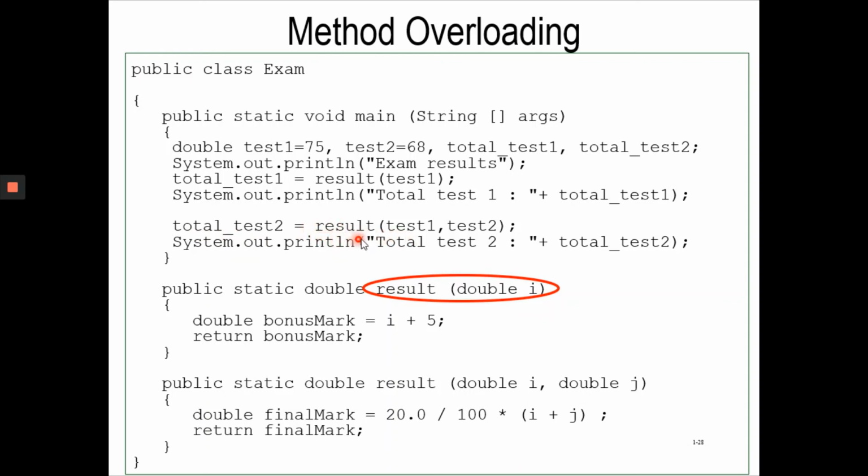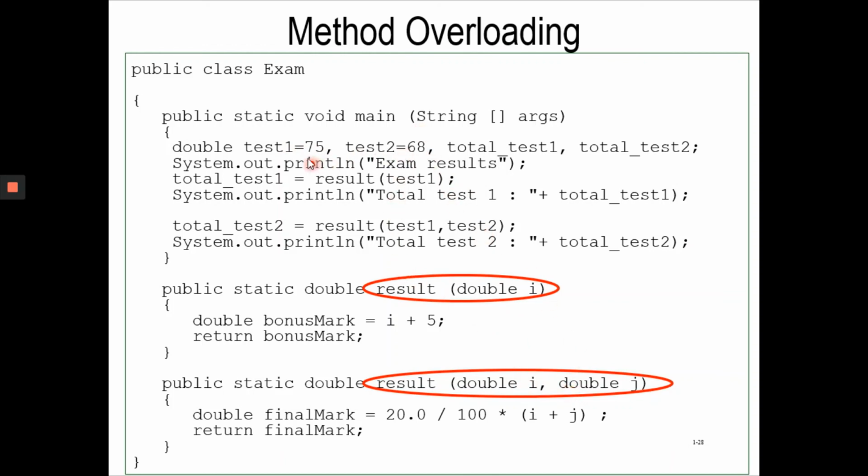Okay, the next one, you see there is another method call. Here also we are calling a value-returning method with the name result, and you are sending test1 and test2. In this case, you are going to search for the method result which accepts two parameters. So you call this method, and you receive two parameters here. Test1 is 75 and test2 is 68.